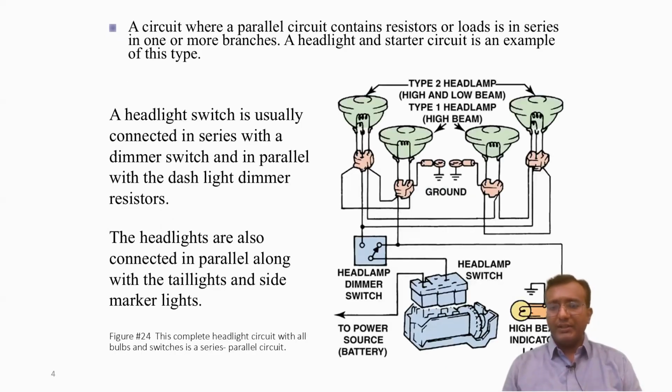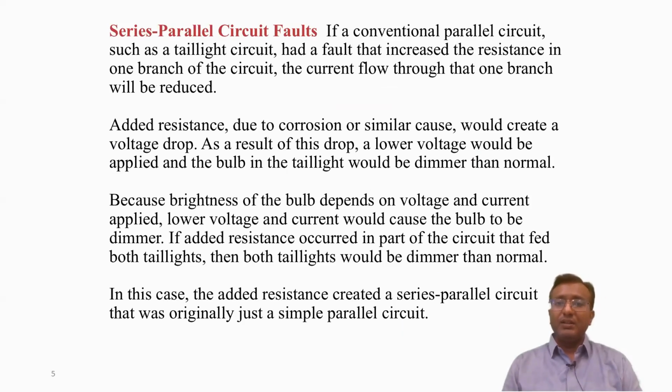Moving on, in the last lecture, we have seen a simple headlight circuit of an automobile. It is a combination of series and parallel, where some of the components are connected in series, whereas some are connected in parallel.